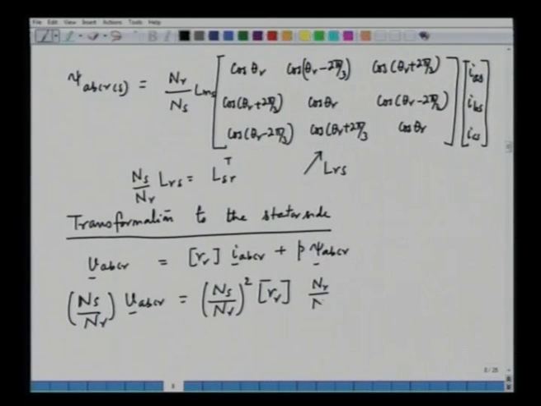Nr by Ns, we have some mathematical manipulation here, IABCR, and the flux we can write as P of Ns by Nr into psi ABCR.